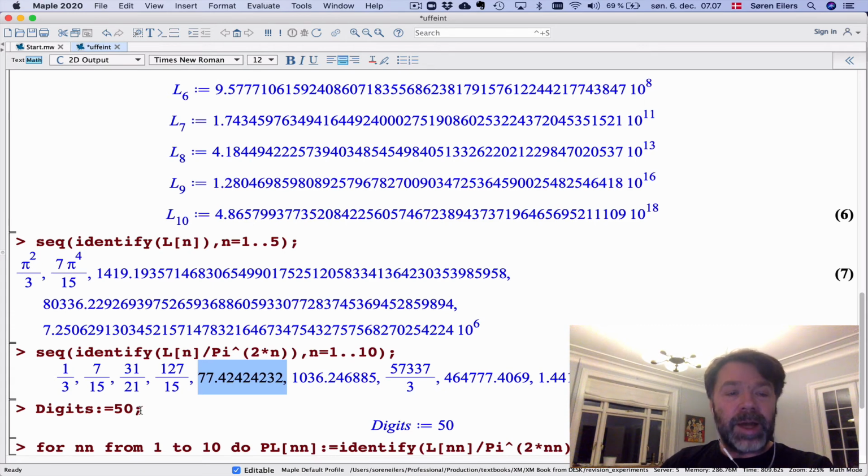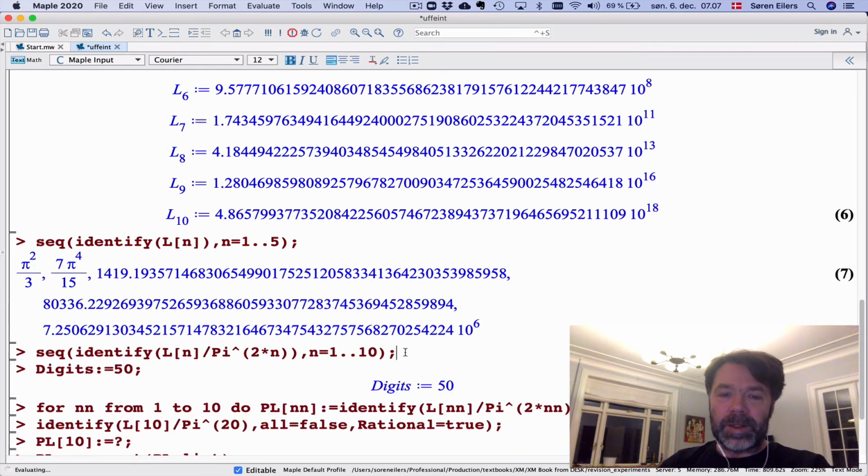So I'm going to have to ask Maple to work with 50 digits universally before I go on. If I put Digits now to 50 and I try this again, you can see that I get something slightly nicer. This is going to take longer.